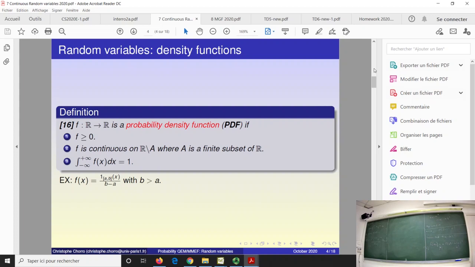Concerning the continuity, in fact, there is only one point that may be a problem. Which point may be a problem for the continuity? 0. But I don't mind about 0.